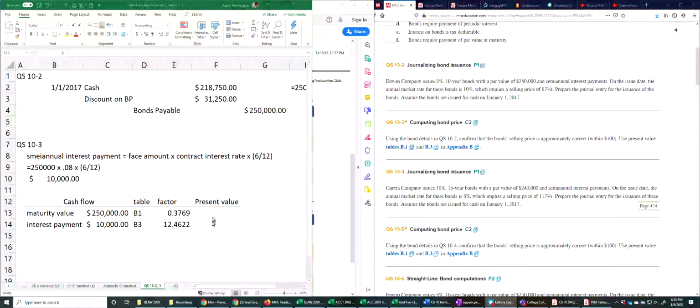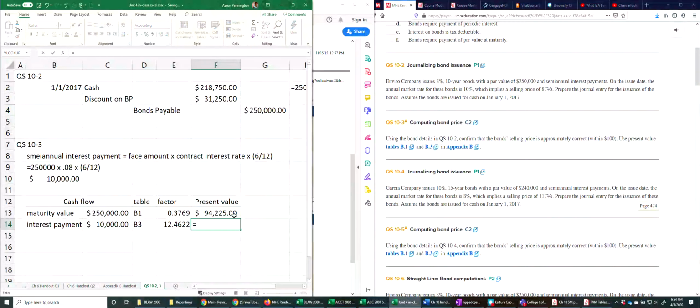So to get the present value of the maturity value, i.e. what $250,000 in 10 years is worth today, we'll just take that amount times the factor we pulled from the table. $94,225.